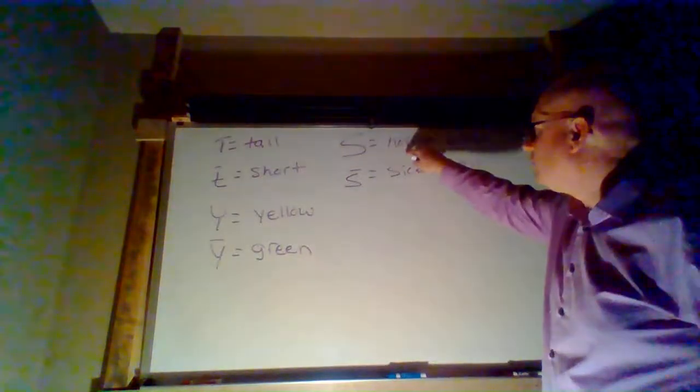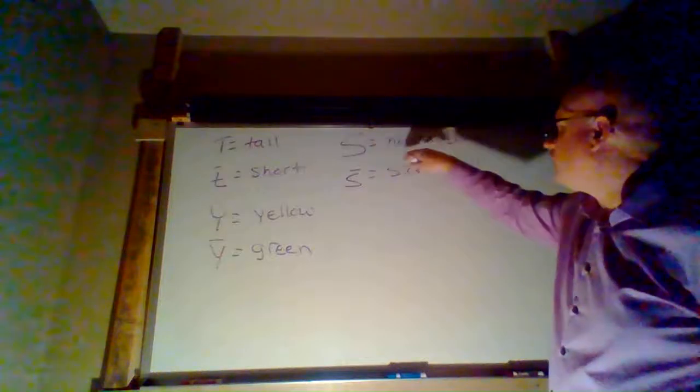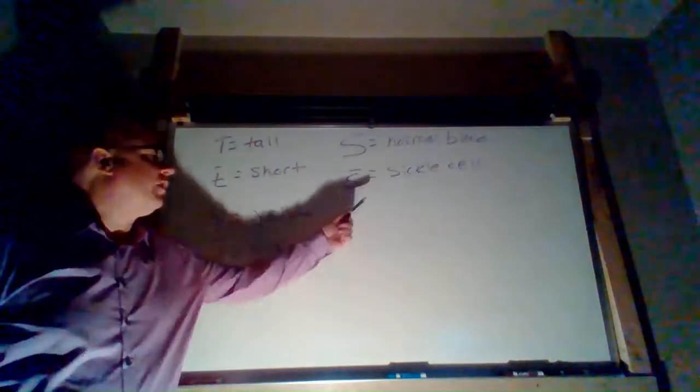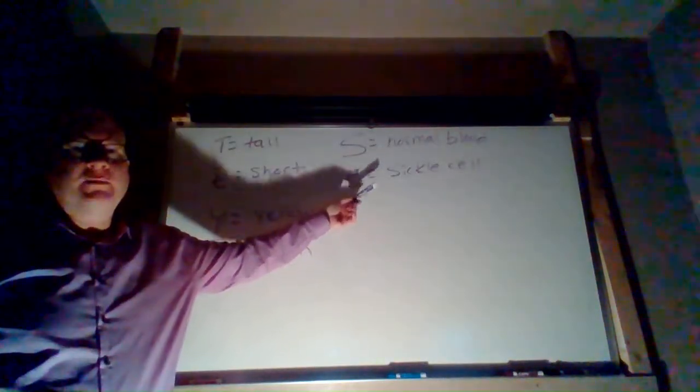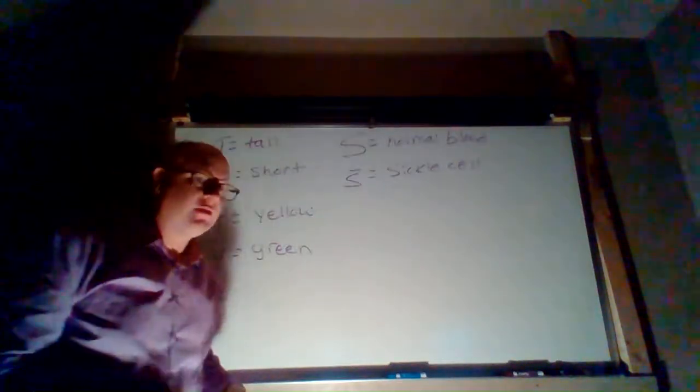Or in this case, this is more of a human condition. The normal dominant trait for people is having normal blood. But if there are 2 recessive traits present, then we call that disorder sickle cell anemia. And we'll spend a little bit of time here to make some sense of this.